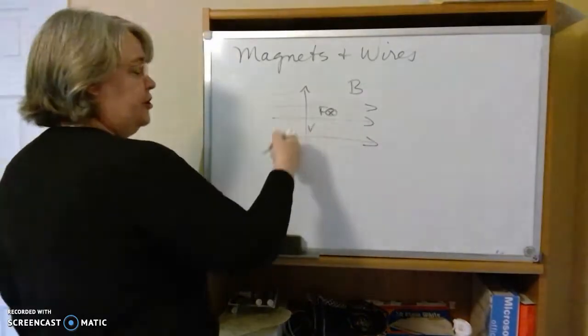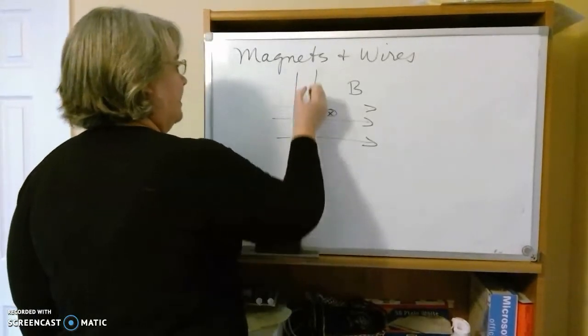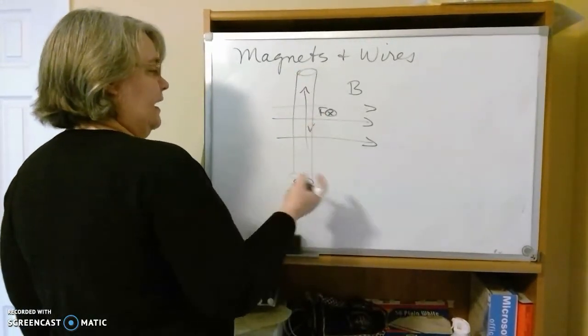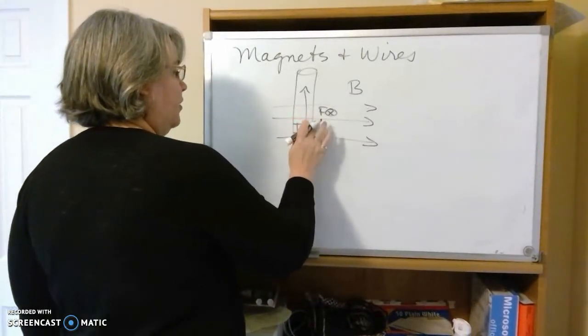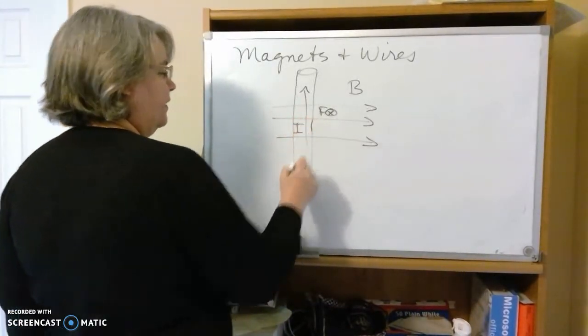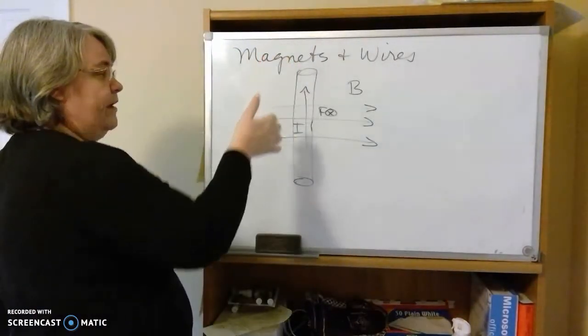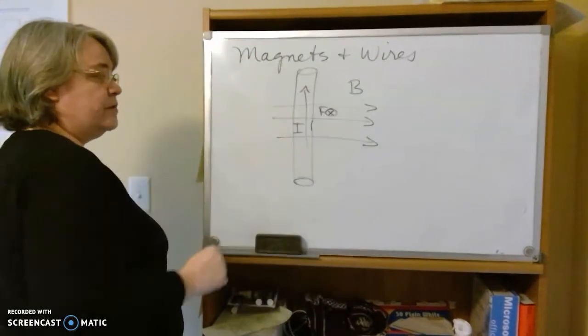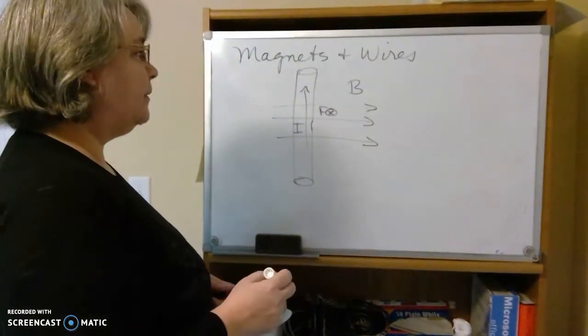But charges can also move inside a wire, and when it's moving inside of a wire, it's called current. Okay? Current going through a wire feels the same force that it would if I was looking at it one charge at a time.